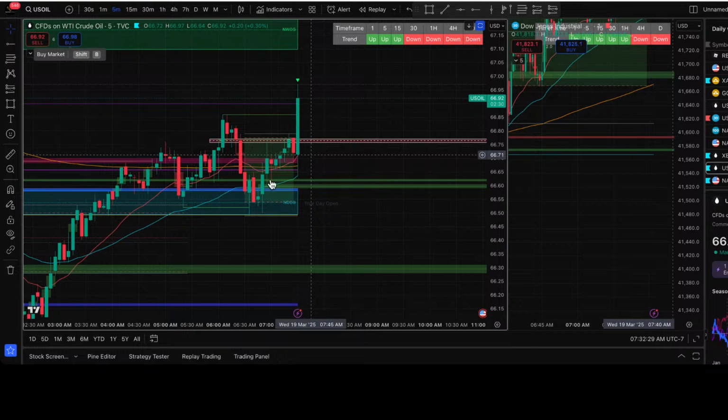So we already had a bit of an early retracement, as you can see. We hit that 20 EMA more than a few times. There is no real fair value gap. This one was violated.